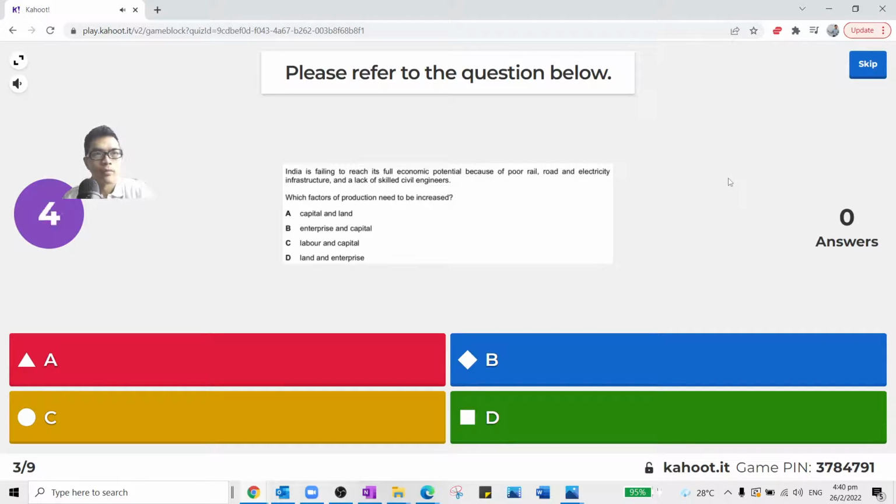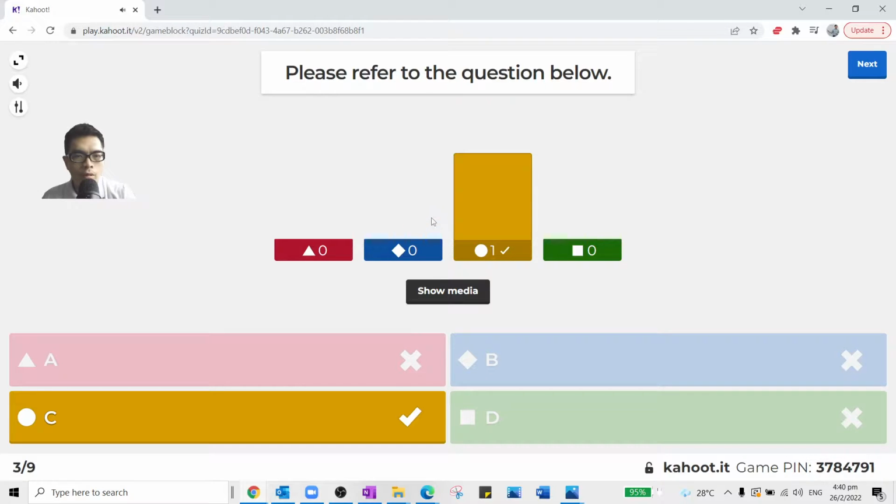It's a bit blurry. Thanks for highlighting. I'll see how I can expand that. But basically, C is the correct answer, meaning there's only one of the options that has labor. You actually read in the earlier preamble that there is a lack of skilled workers, so labor is required.